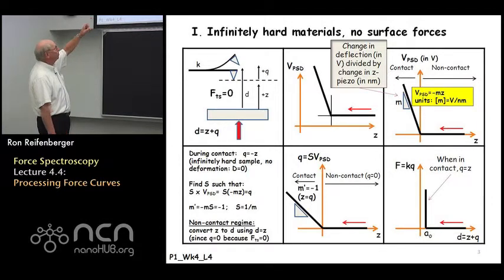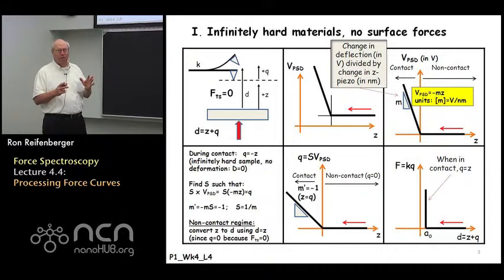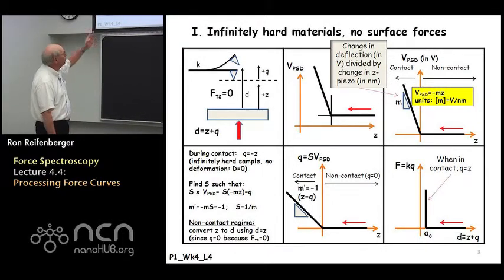The second panel at the top shows the typical data that you'll get out of a force versus displacement curve from your atomic force microscope. This can be considered the raw experimental data. The axes that are plotted may not be very meaningful, right? Because the y-axis is often the voltage from the photodiode, and that voltage is in volts.